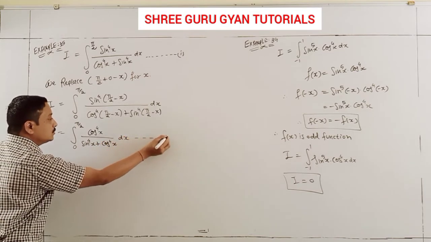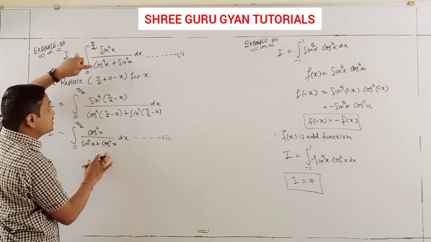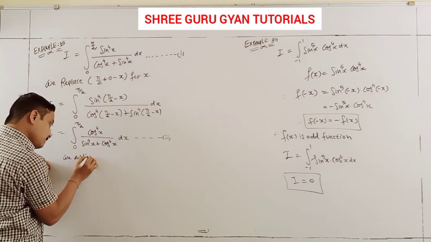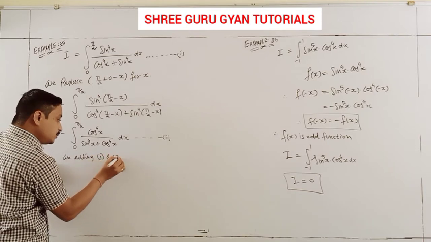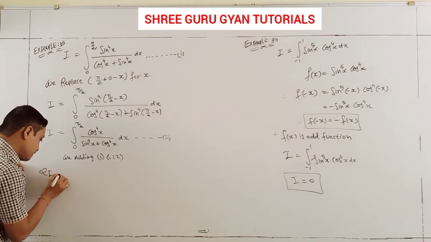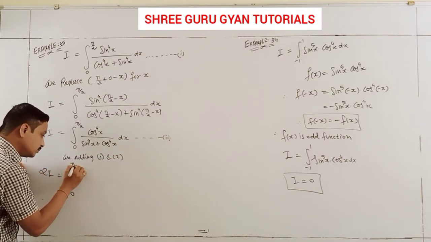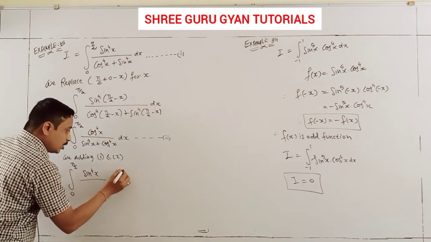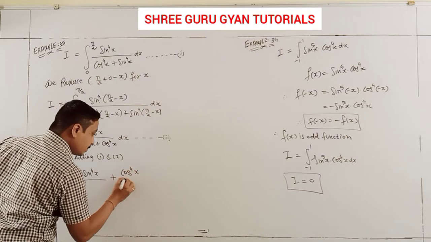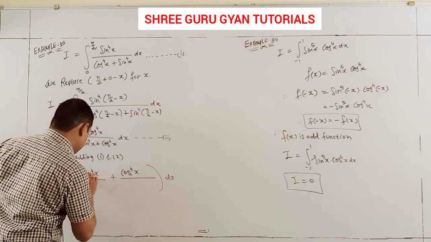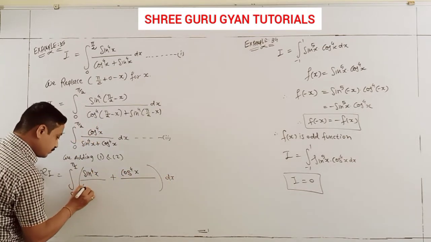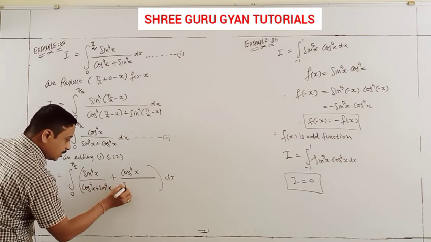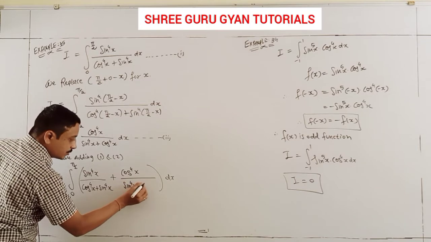Statement 2. Check, 1 and 2 both have the same denominator, so we add 1 and 2. So students, 2I is 0 to pi by 2, one of sin 4, another of cos 4, dx, but the denominator is cos 4 plus sin 4 and here sin 4 plus cos 4.